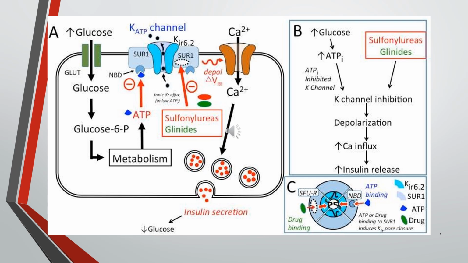Glinides bind with lower affinity than sulfonylureas and as a result have a much shorter duration of action. To be effective, glinides have to be given with each meal, while sulfonylureas can be given once a day. Glinides have a rapid onset and short duration of action, and have to be taken just prior to each meal.